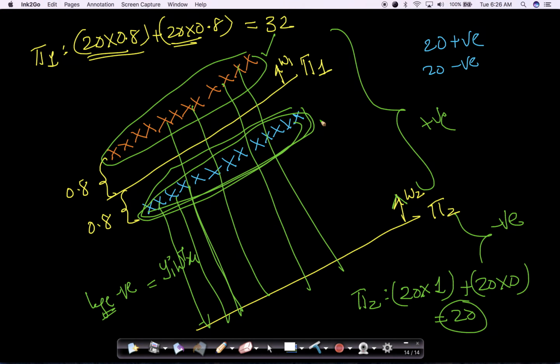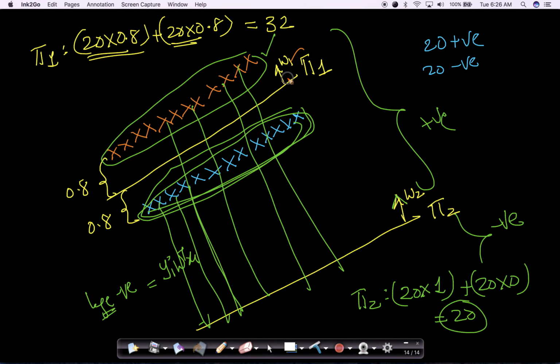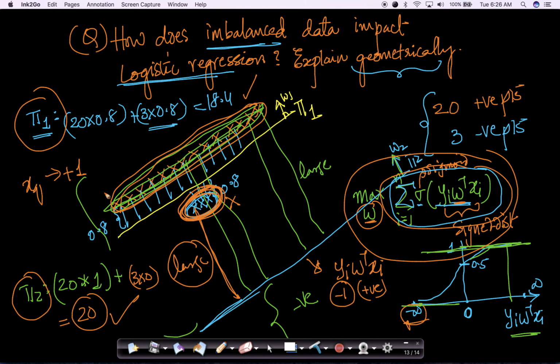Now look at it. What is logistic regression trying to achieve? It's simply trying to maximize the sum. If it has to choose between pi 1 and pi 2, pi 1 resulted in a sum of 32, pi 2 resulted in a sum of 20. So it will obviously choose pi 1 and not pi 2, unlike the previous case. In the previous case, it chose pi 2.